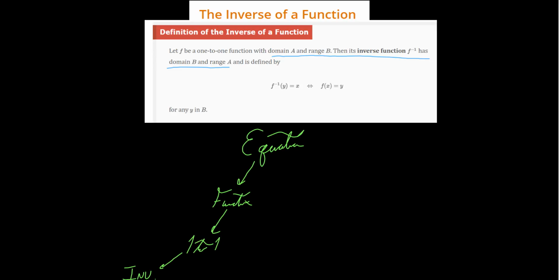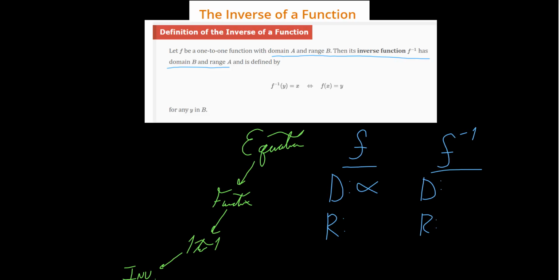Okay, so if we have f here, and if we have f inverse here, I'm going to put a D and an R standing for domain and range. So if the domain of f we're just gonna call alpha, and the range of f we're gonna just call beta, well then the domain of the inverse function will be beta, and the range will be alpha.